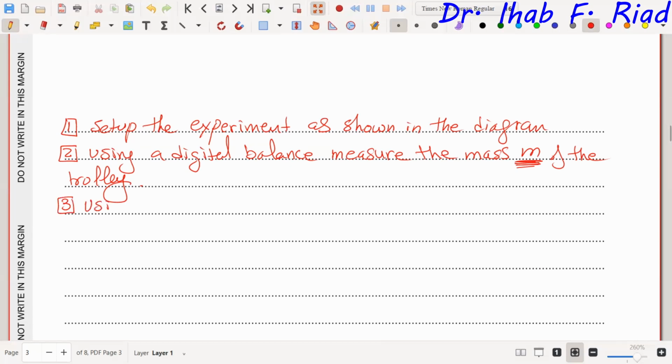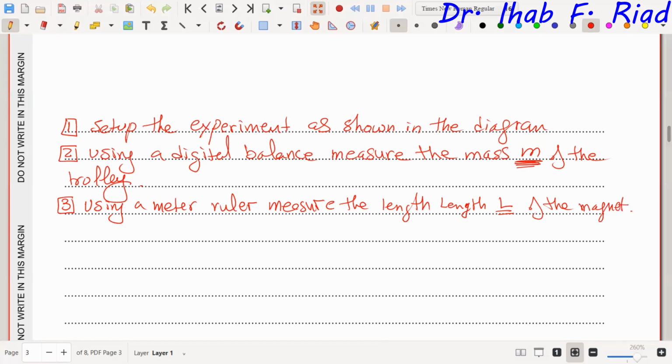Okay. Using a meter ruler, measure the length L of the magnet.